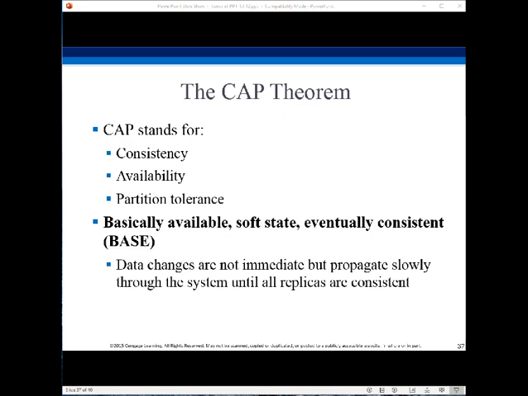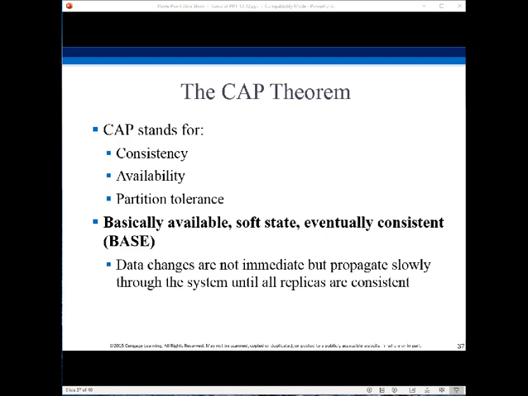We also have BASE properties. BA stands for basically available: the system is always available, with a caveat that some subsets of data may be unavailable for short periods of time. The S in BASE stands for soft state.